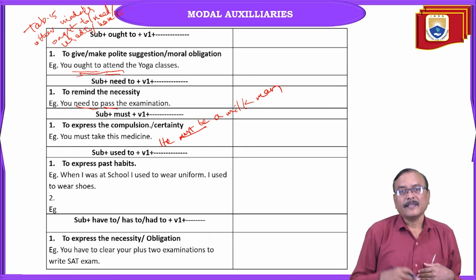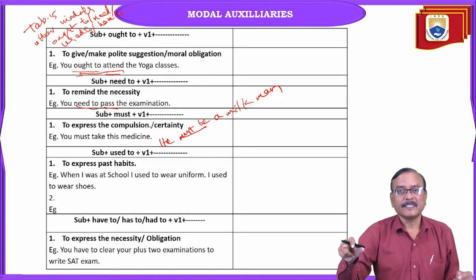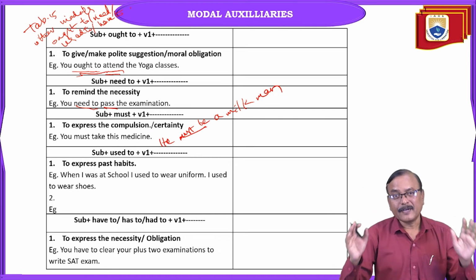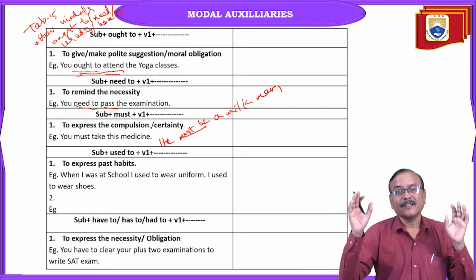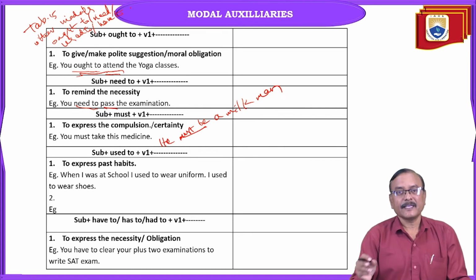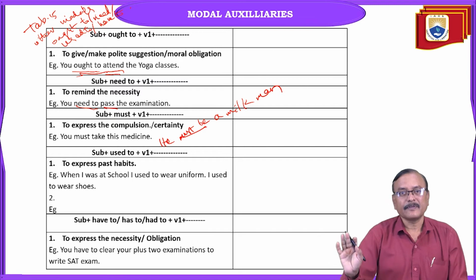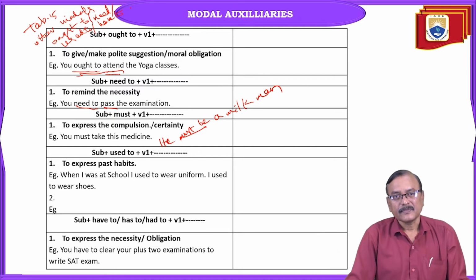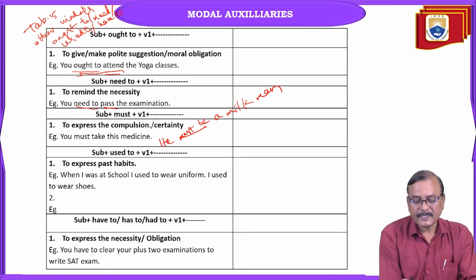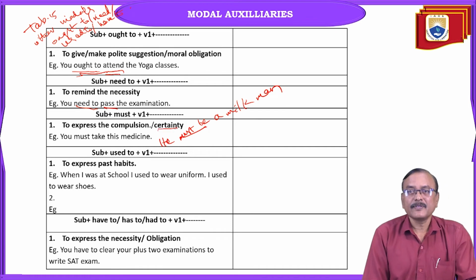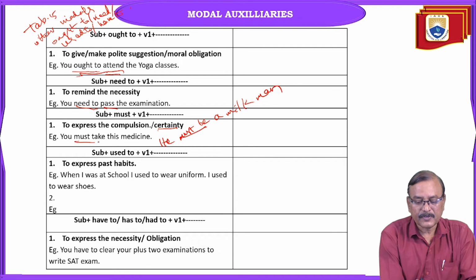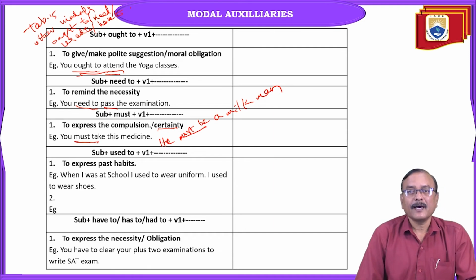Then my answer: he must be a milkman. So to express certainty we use must, and to express compulsion also we use must. Compulsion or certainty.